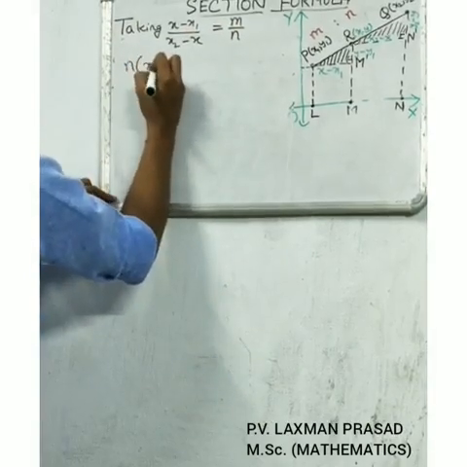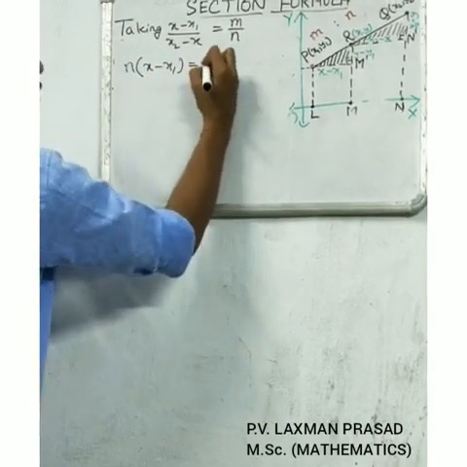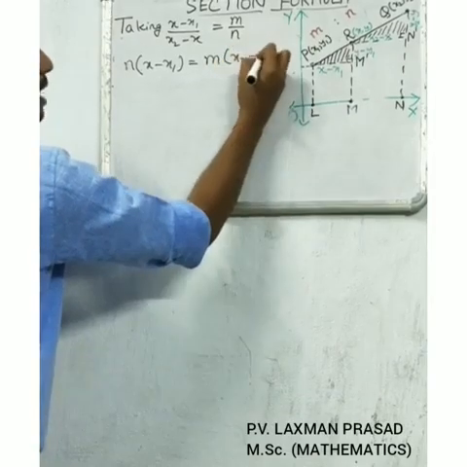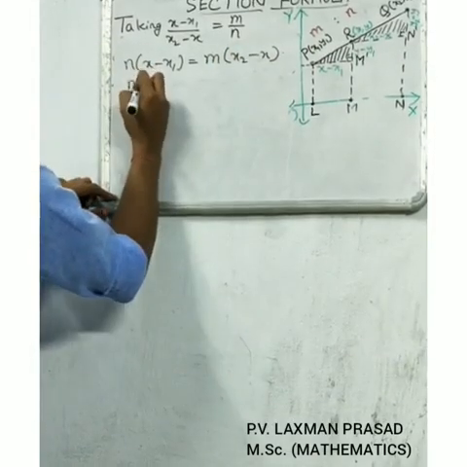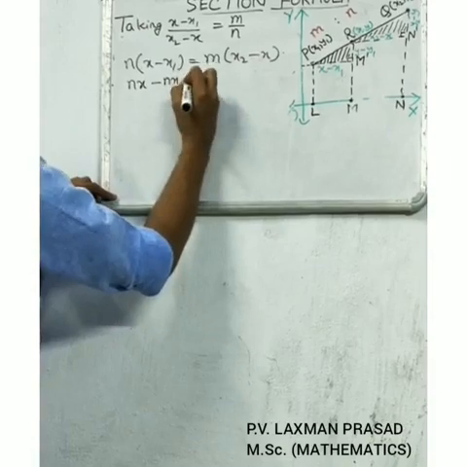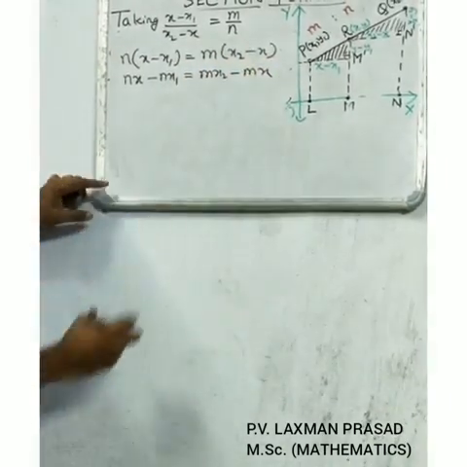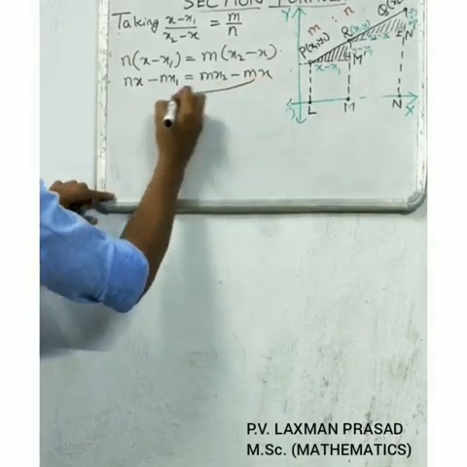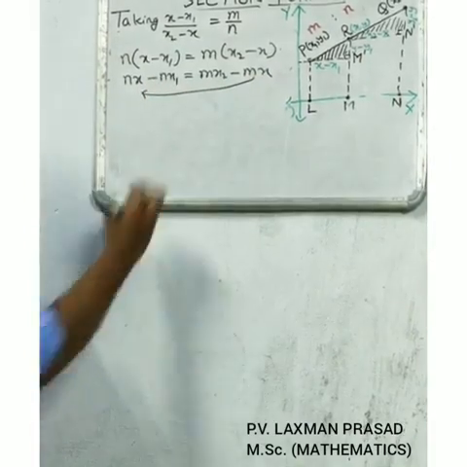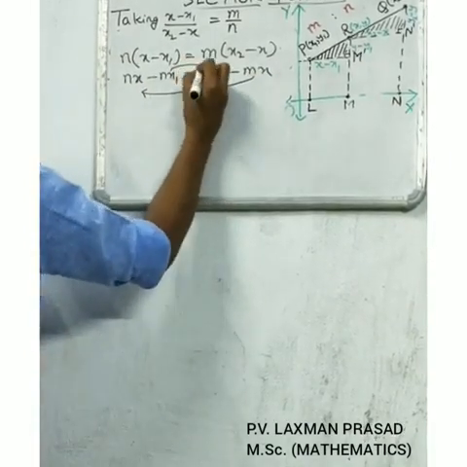So n times (x minus x1) is equal to m times (x2 minus x). So nx minus nx1 equals mx2 minus mx. So I am bringing this minus mx to the left hand side and I am taking this minus nx1 to the right hand side.